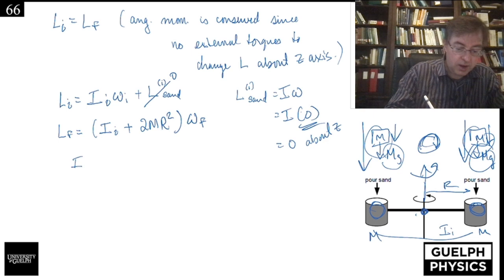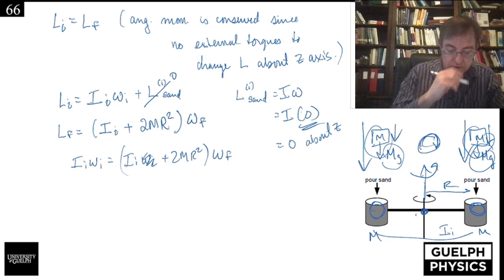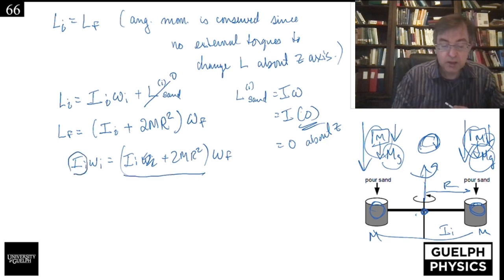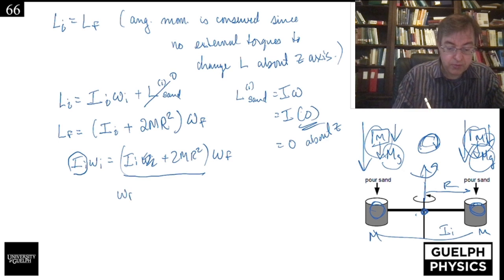So I can write I_I omega i is equal to (I_I plus 2mr²) omega f. And what you can see is that this term in brackets is larger than I_I, and therefore, in order for this equality to hold, omega f has to be smaller than omega i.